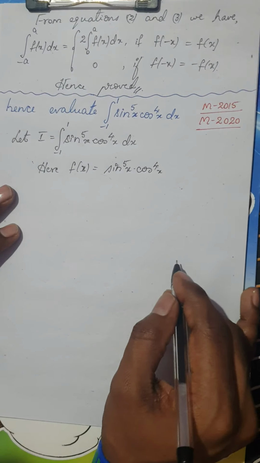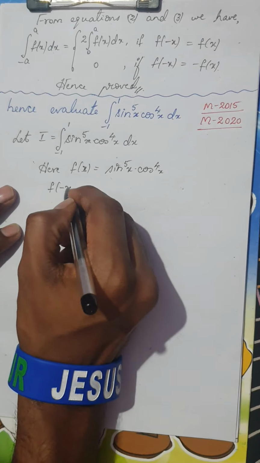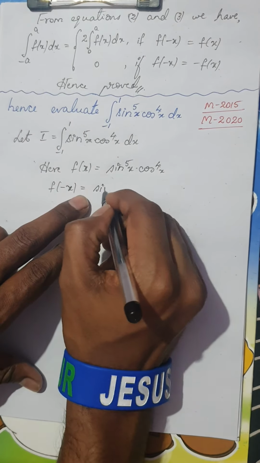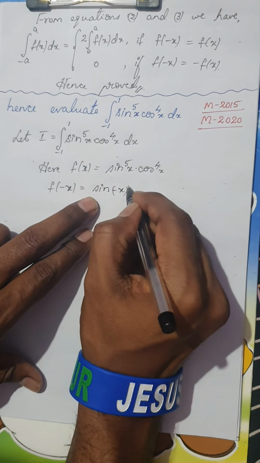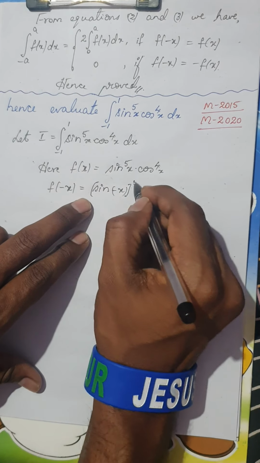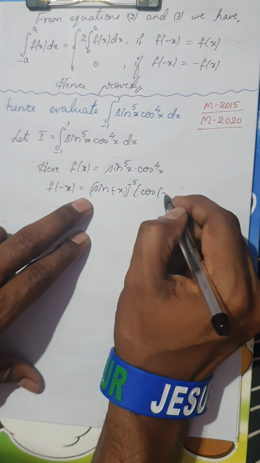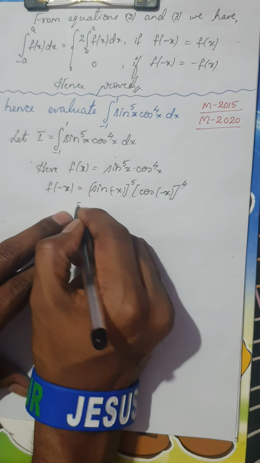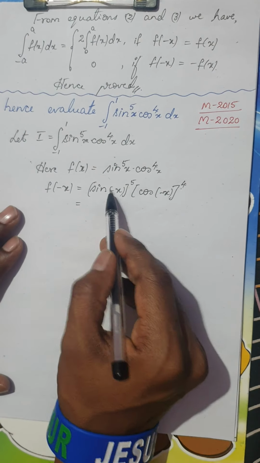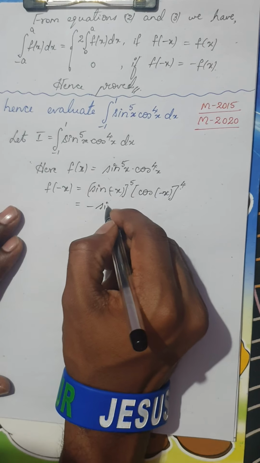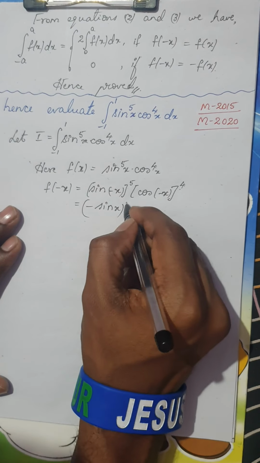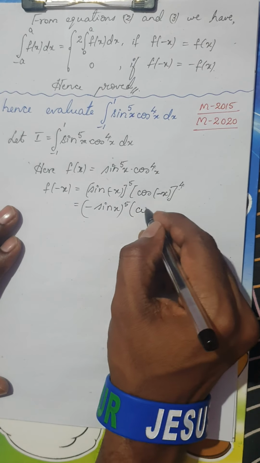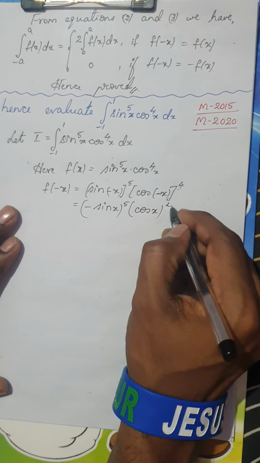Now check what f of minus x is. f of minus x would be just replacing x by minus x, so it will be sine of minus x, whole power 5, into cos of minus x, whole power 4. We all know sine of minus theta is minus sine theta, so this becomes minus sin x whole power 5, but cos of minus x is plus cos x, so this becomes cos x power 4.